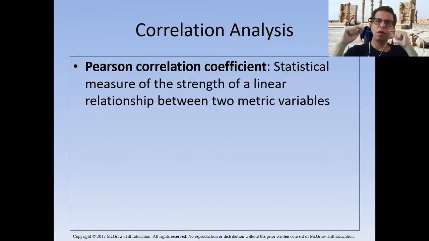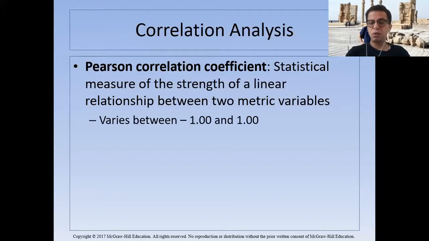If I'm increasing 10 units, it might increase one, or five, or 10. So it shows how strong the relationship is between them. And usually the value is between -1, which is the negative, and +1, which is the positive.